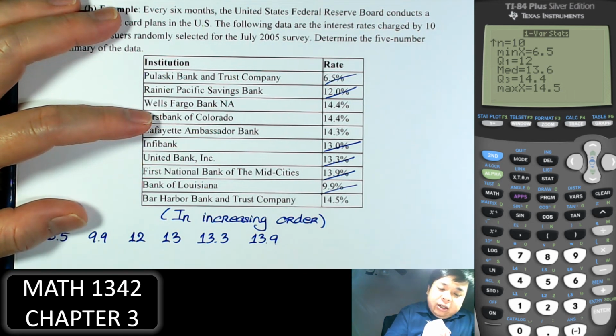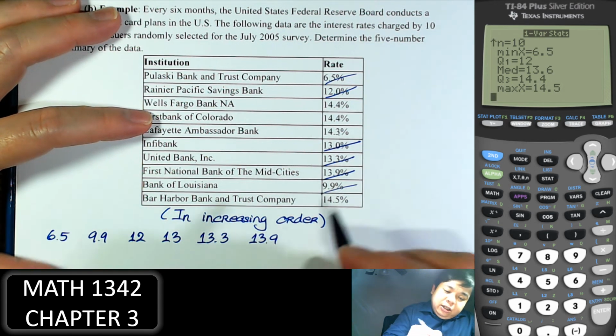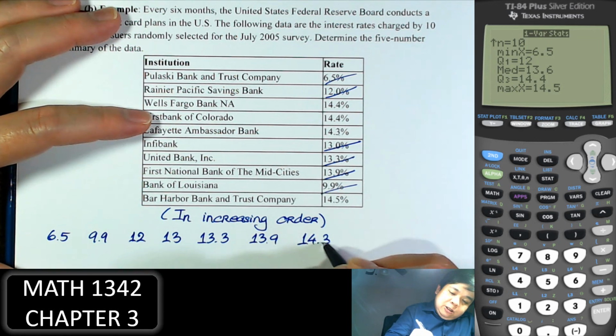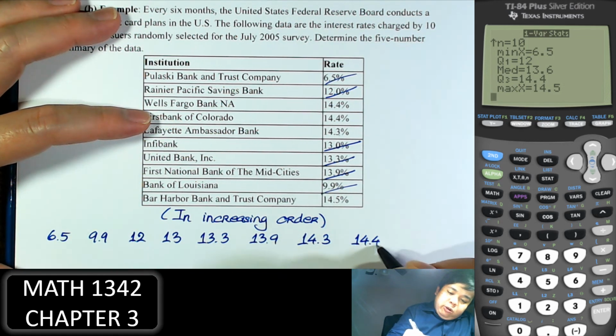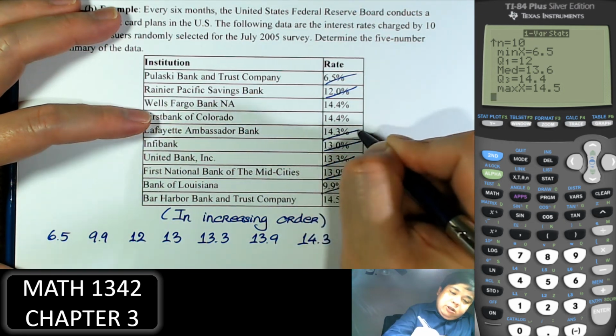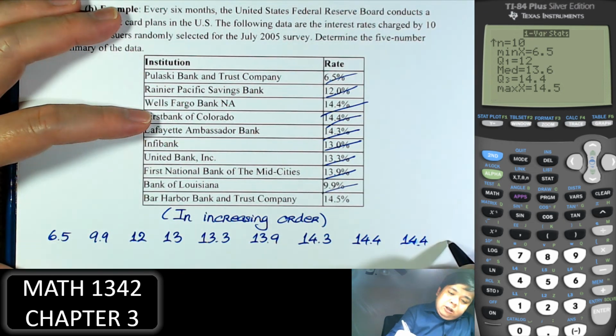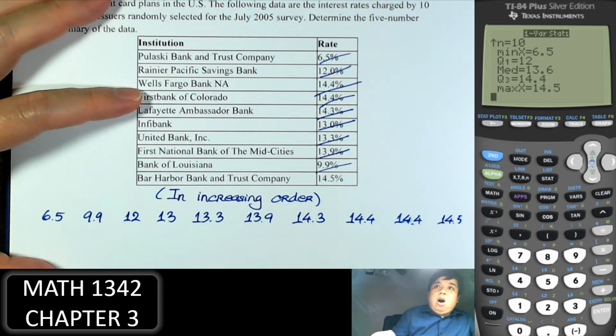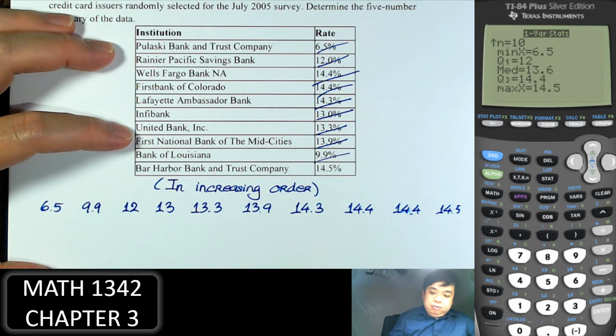Now 14, 14.3, 14.4, 14.4, and 14.5. Obviously, that's the minimum and the maximum.